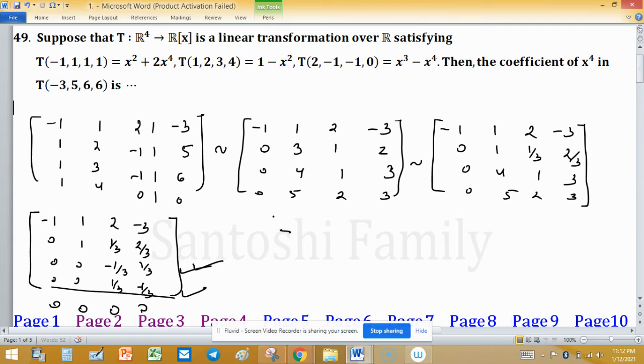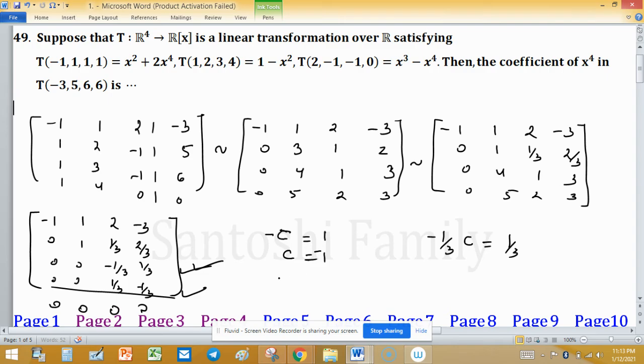If you are writing it as a linear combination, you can take A, B, C as scalars. From R3, -C/3 = 1/3, so C = 1/3 divided by -1/3, and we get C = -1.